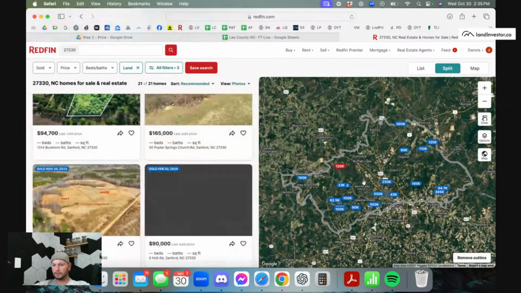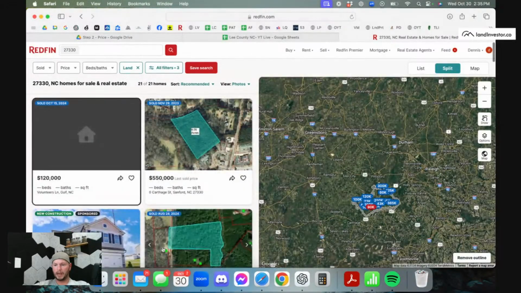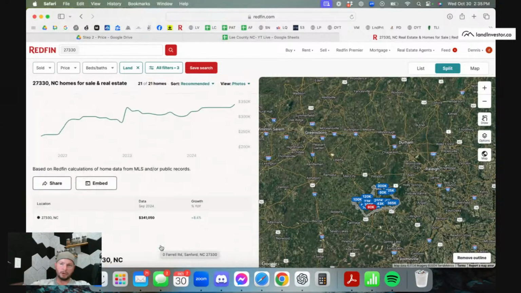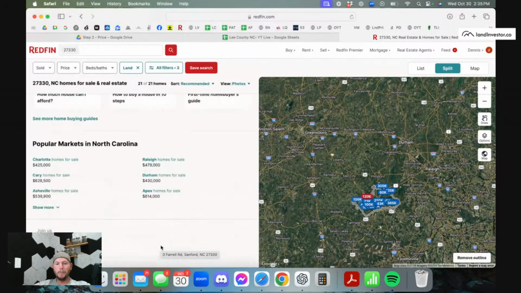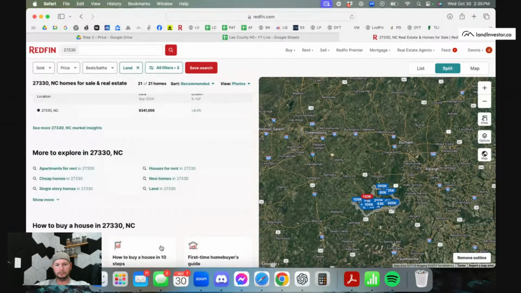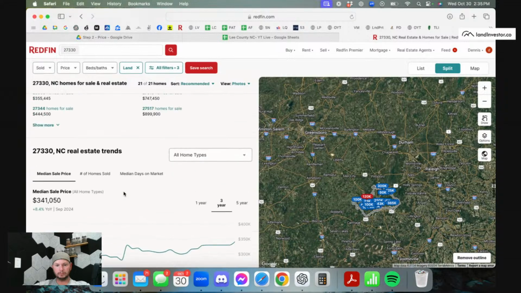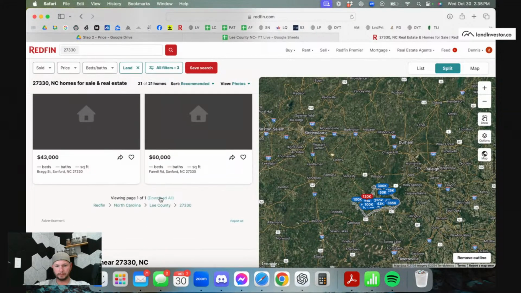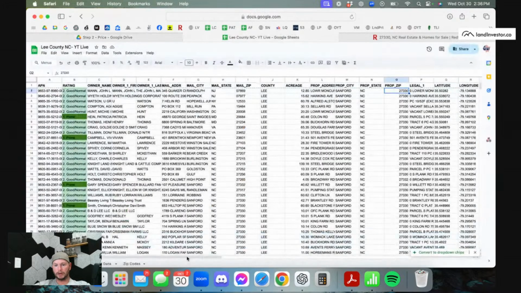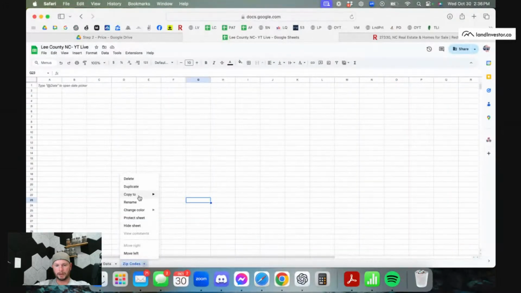Scroll down here. I hate when Redfin updates stuff and they move the map to the other side. Okay, so I'm going to download all. We're going to pop in the zip code and rename this.